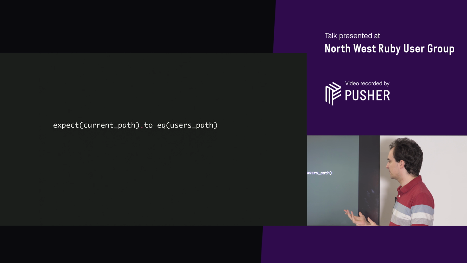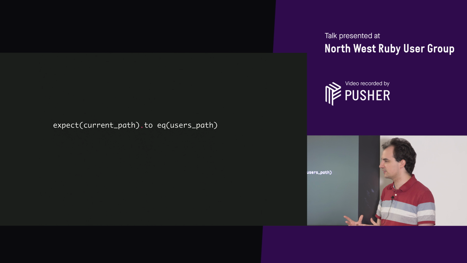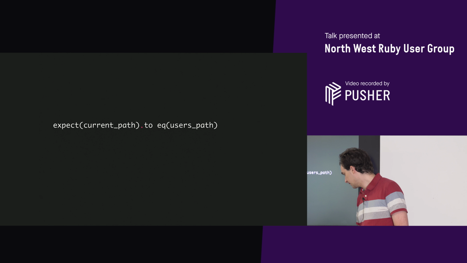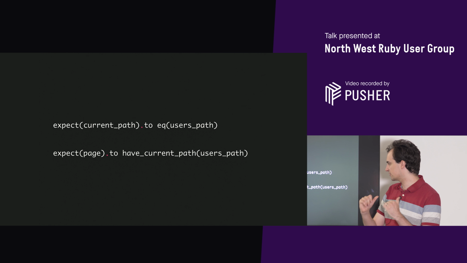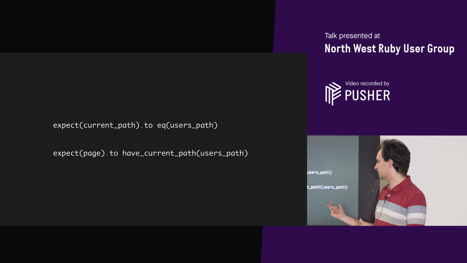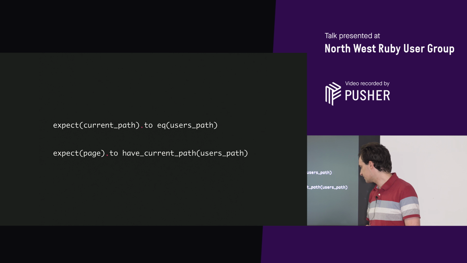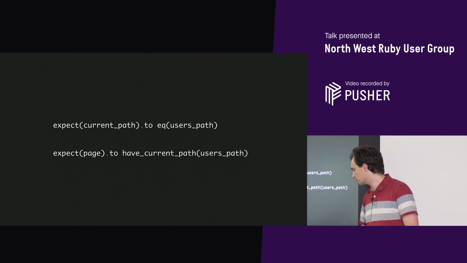And this again is something that probably works most of the time, but occasionally, particularly if your CI server is under heavy load and goes really, really slowly, it can break. And so again, the solution here is to move everything into the assertion, and it so happens that they actually have a special matcher just for the current path, and this will wait within the allotted time to make sure that it actually passes.